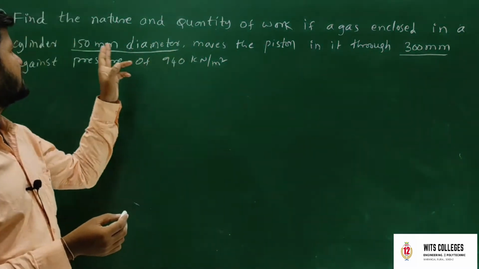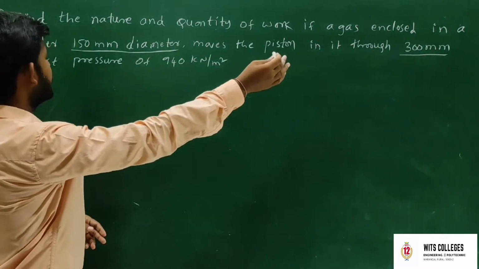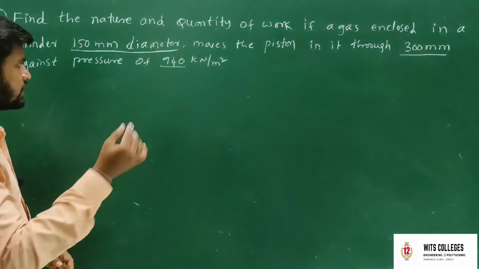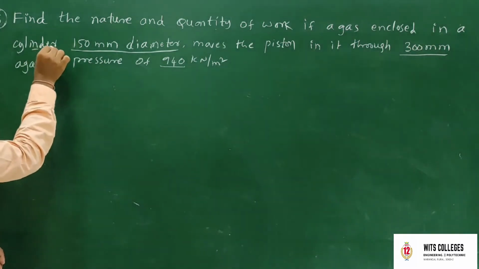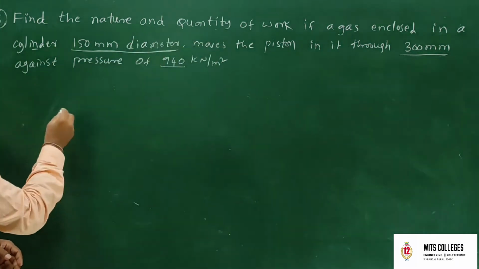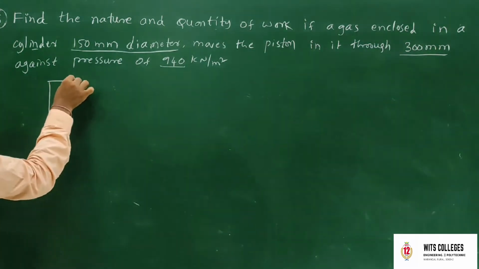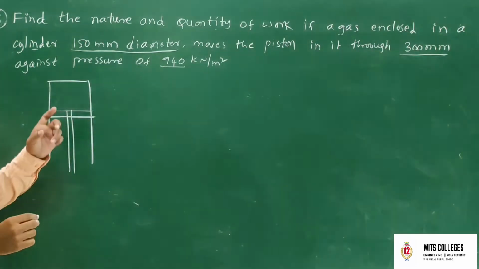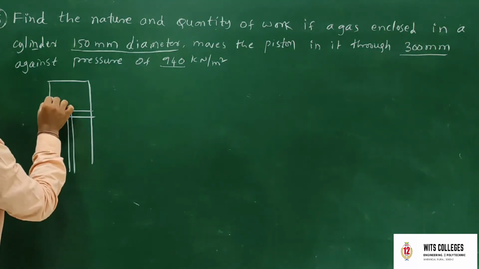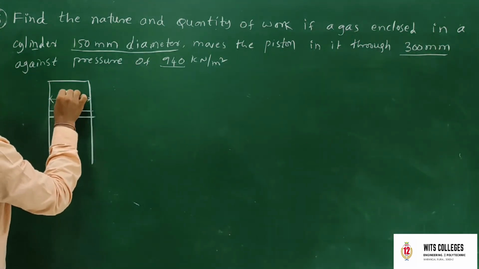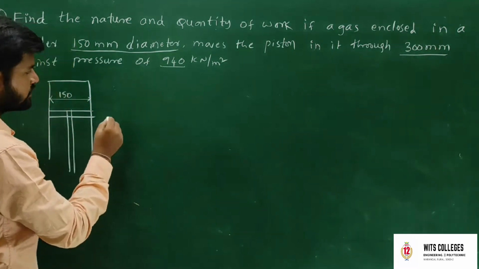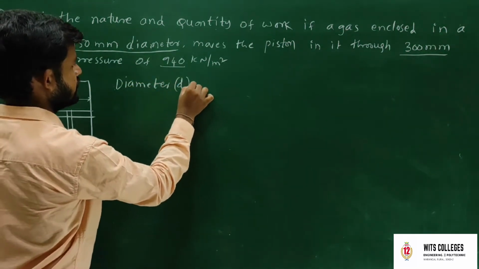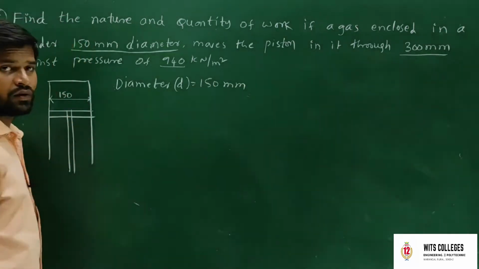Here is the cylinder, and its diameter, small d, equals 150 mm.